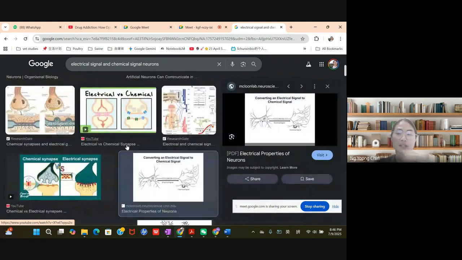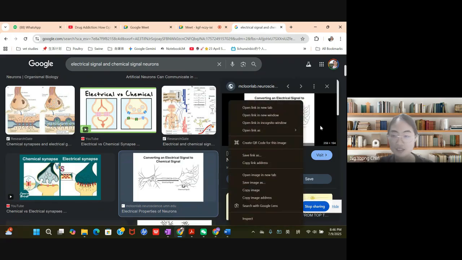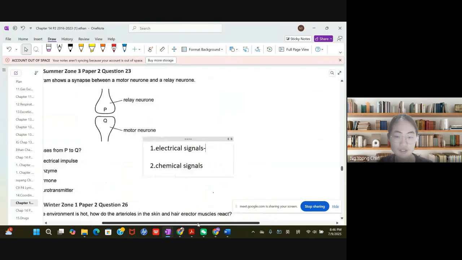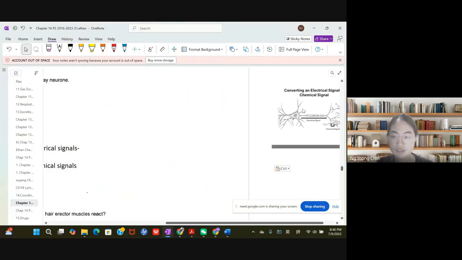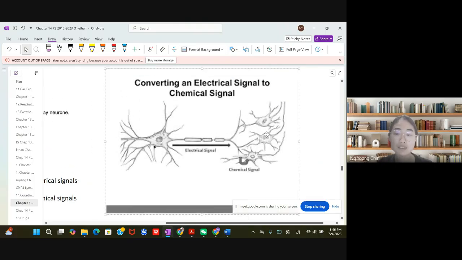Okay, this is a very great image. Let me show you this one. As you can see, this image is a bit blurry, but I think you can see the outline.